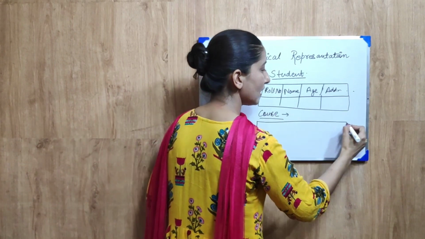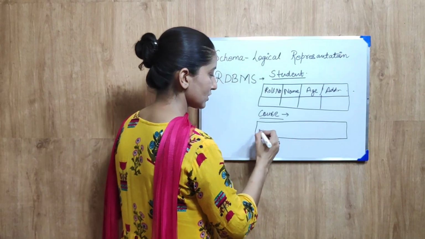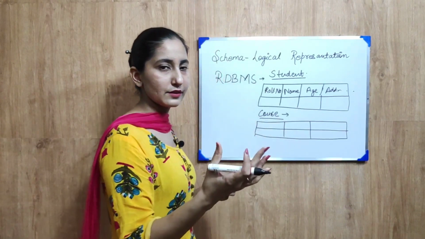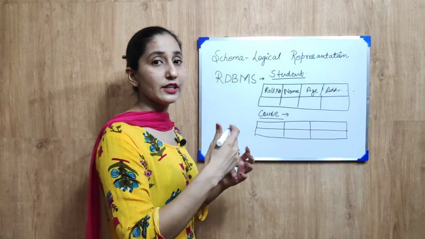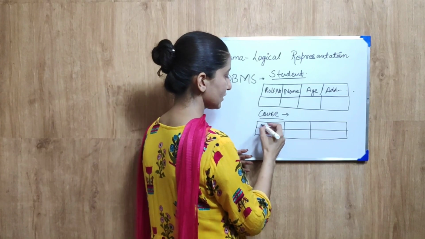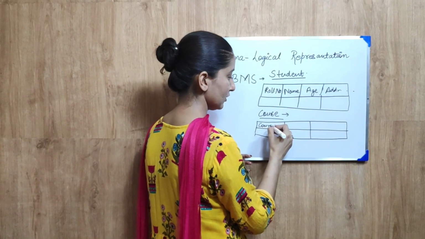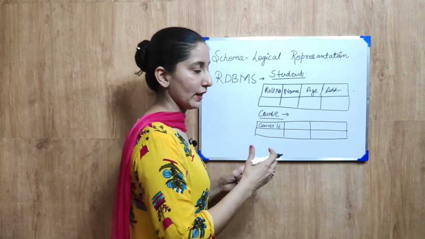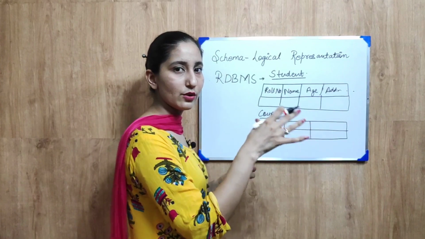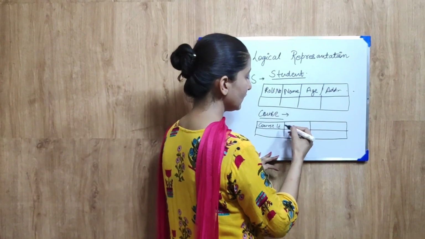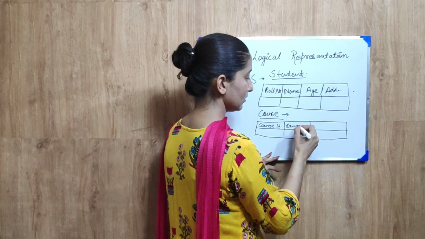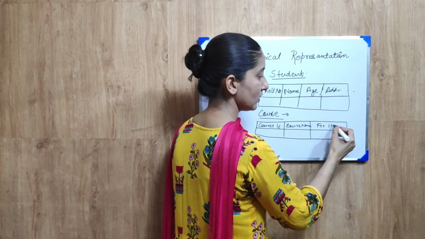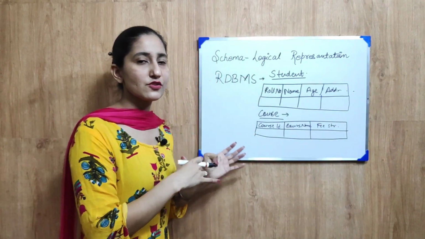What can be the attributes or the columns of a course? If a university is offering multiple courses, there must be a course ID for every course to define it in a unique way. Then we can have the course name, and then the fee structure of every course.